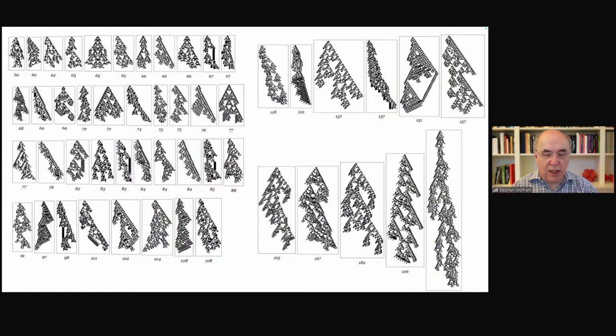This one has 2 colors instead of 3, but you'll see that there are certain cases like this one here that have enough structure that you can imagine explaining, oh, that's why it lives a long time. But most of the cases here, it just does its complicated thing and it happens to live a long time and then it dies out. So there's no explainable mechanism to it.